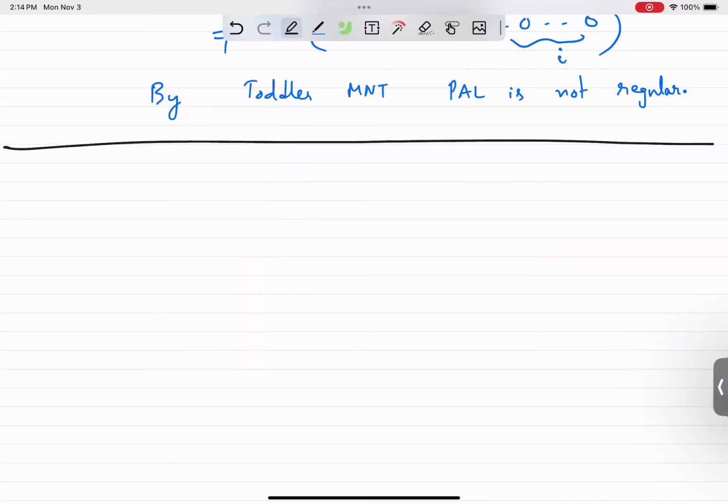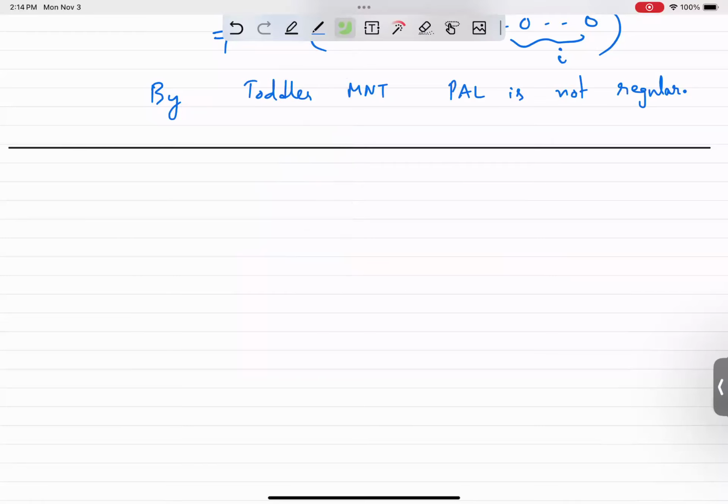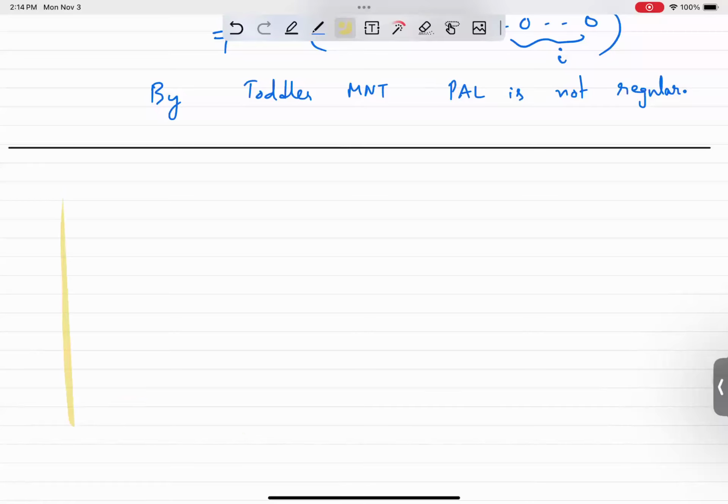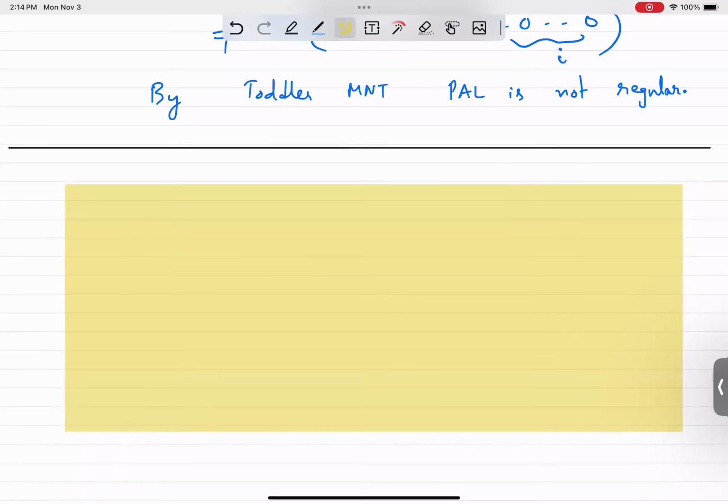And finally, let me state the real Myhill-Nerod theorem, which is kind of the adult version. The real Myhill-Nerod theorem gives you a complete characterization of the best possible finite automata you can have for a function.